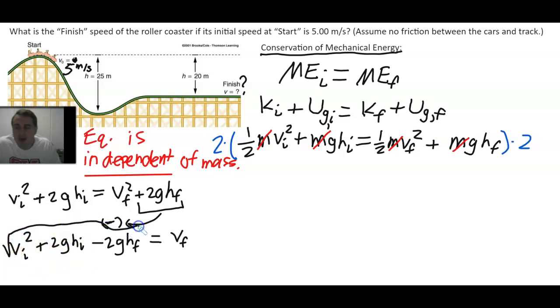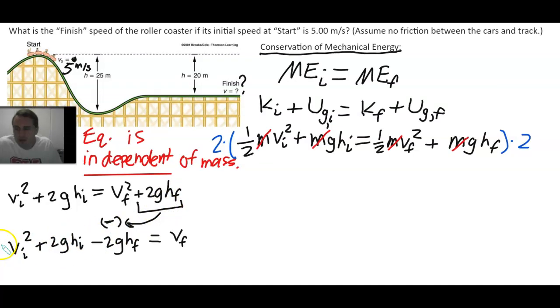And by the way, all we really want is the speed, so I'm not going to worry about the plus and minus in front.